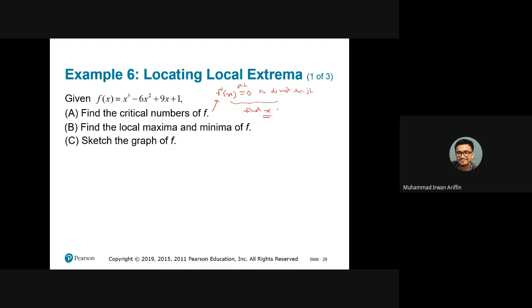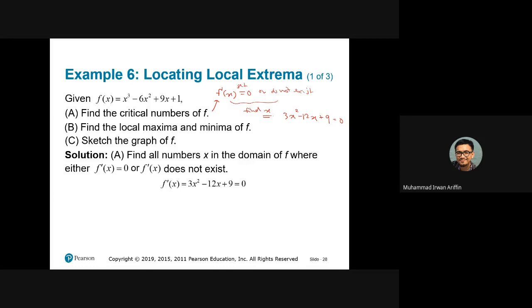So how do we find the derivative here? This gives us 3x squared minus 12x plus 9 equals 0. This is a quadratic function, so I'm just going to leave this example to you, because more or less it's the same as before.